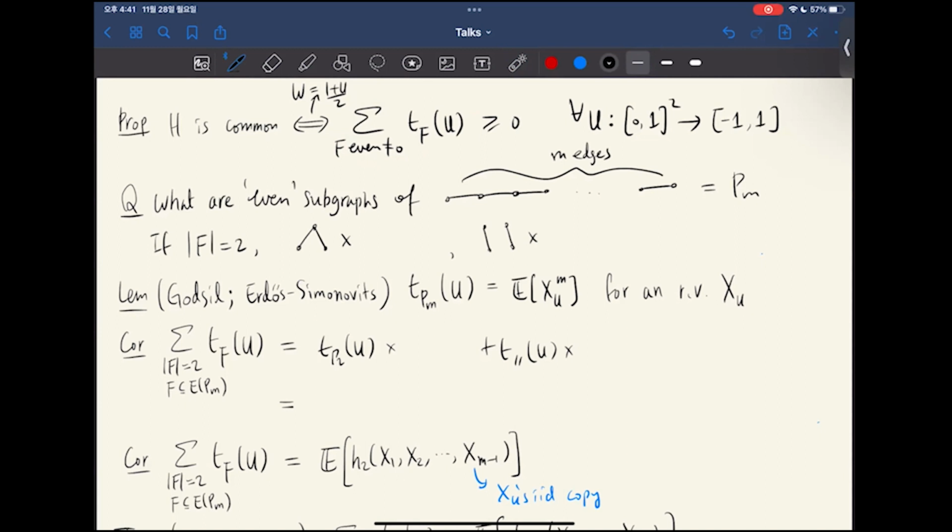Okay, so it's kind of complicated, but we can look at those subgraphs with exactly 2 edges, which is the easiest part for the even subgraphs with positive number of edges, right? So if I do it correctly, then it's either a 2-edge star, a path of length 2, or just a matching of size 2, okay?